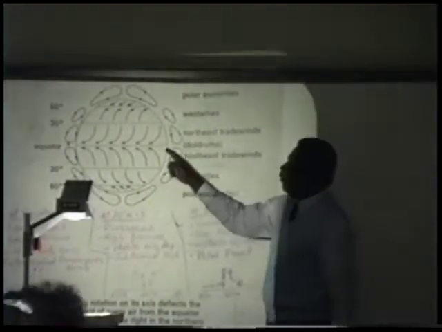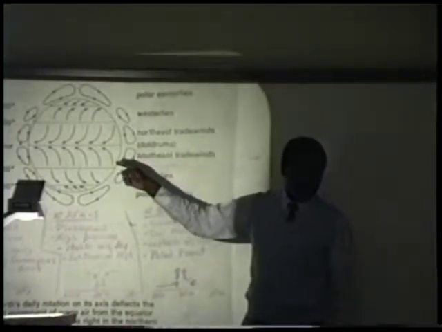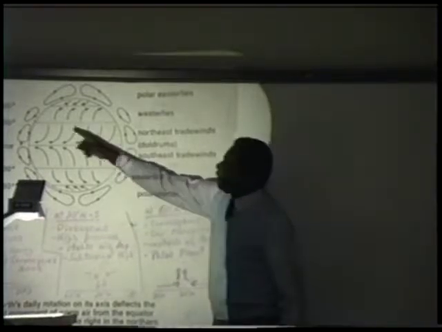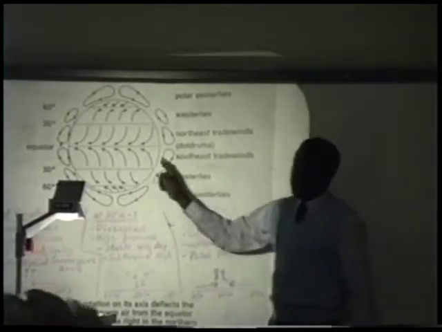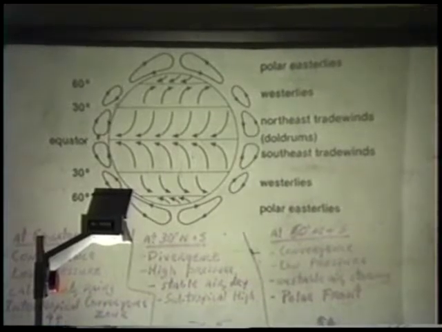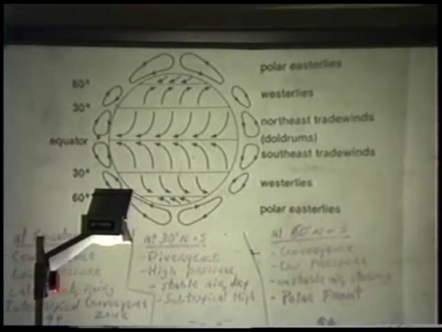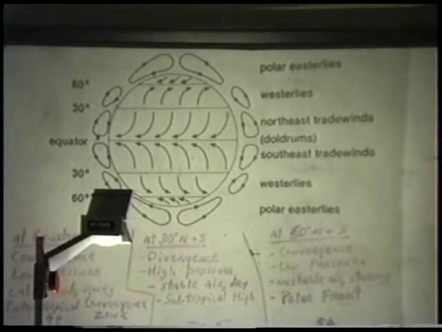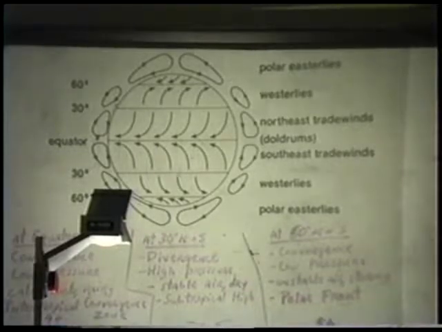And so at the equator, you have a general belt of low pressure. At 30 degrees north, as well as 30 degrees south, you have a general belt of high pressure. And at 60 degrees north and at 60 degrees south, you have another belt of low pressure.